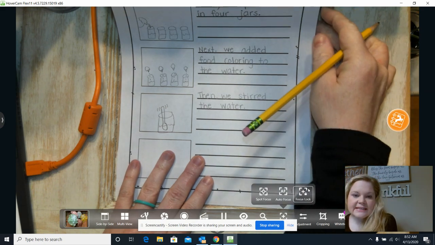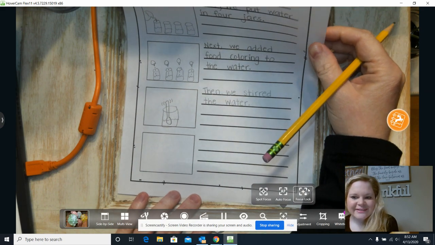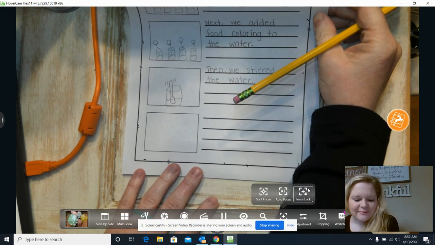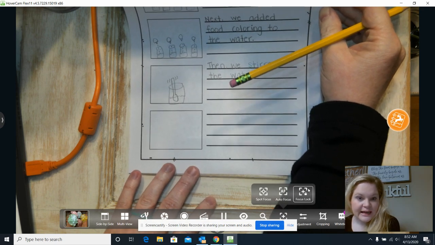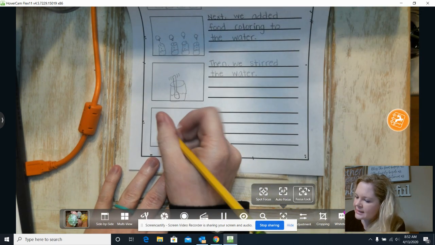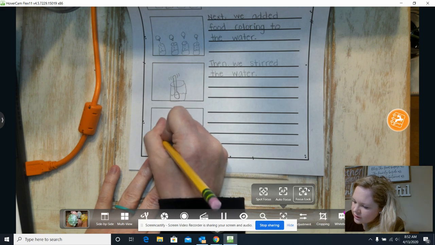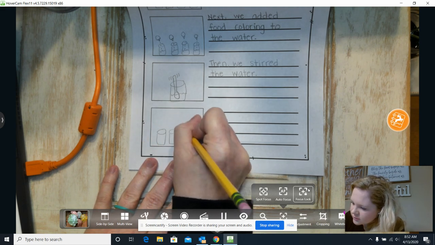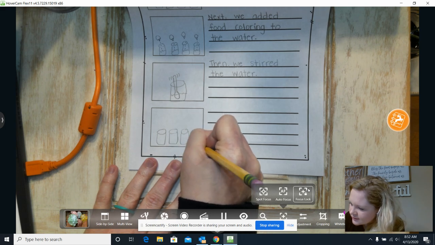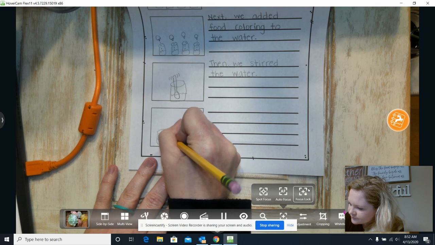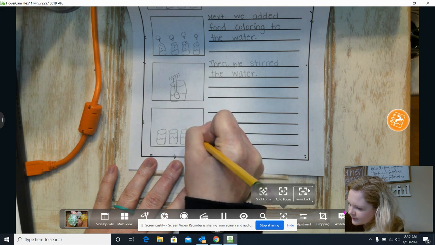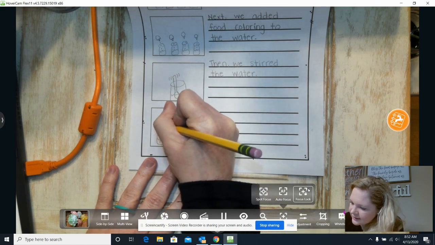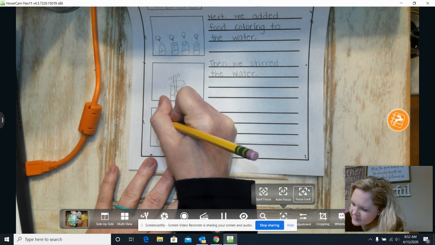Alright, and last, what did we do? We added the flowers. We put the white flower in the water. So let's draw our jars with the water, and then the flowers.